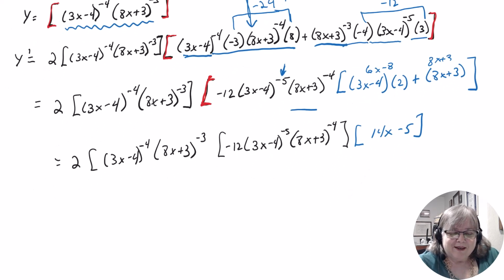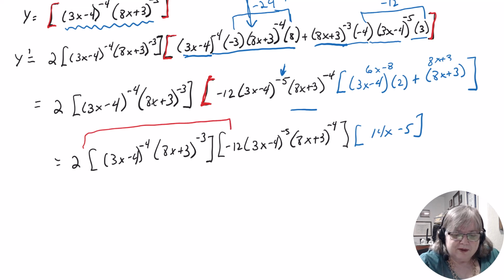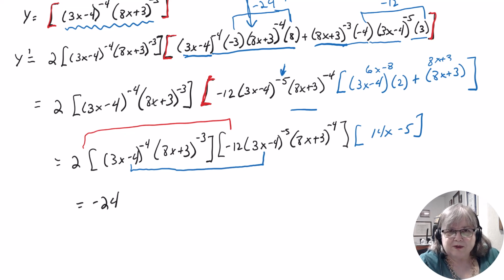All right. Now, do you see anything that looks kind of the same that I could combine? Well, I have this 2 and this negative 12, and those can multiply together and get negative 24. And I have this 3x minus 4 and this 3x minus 4.